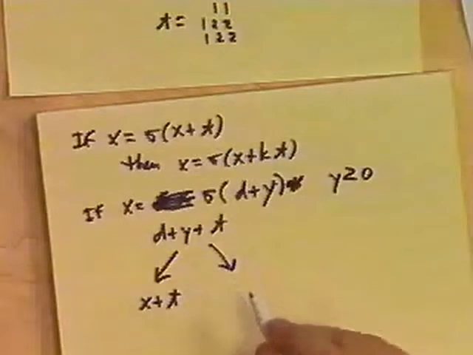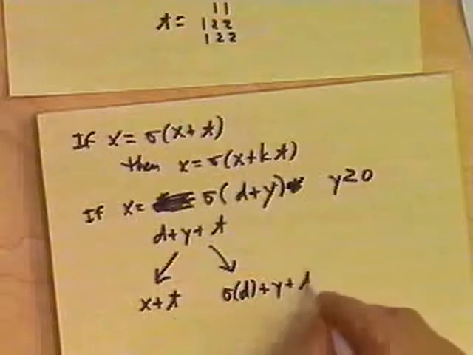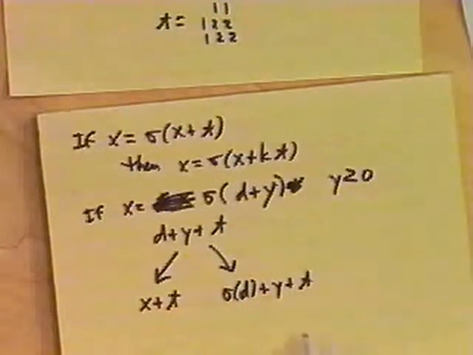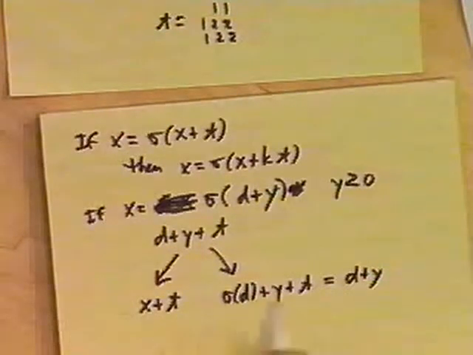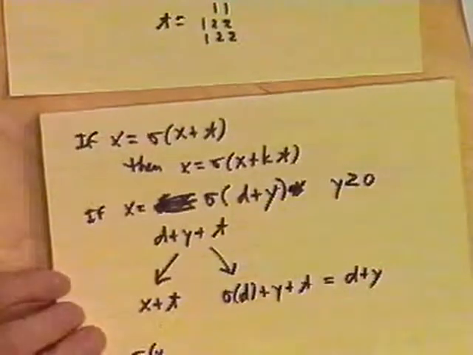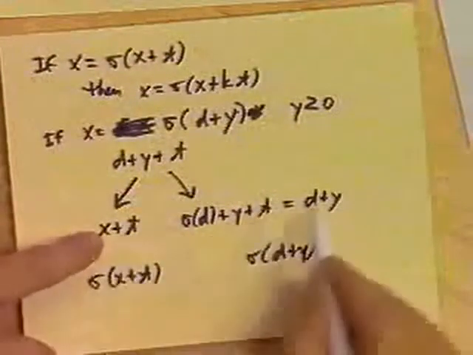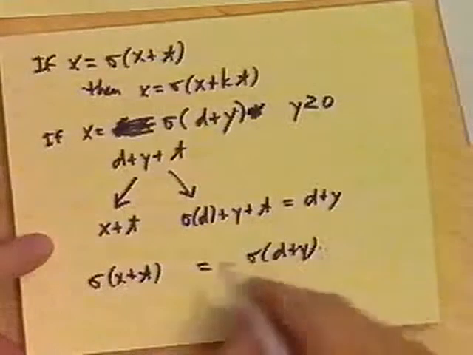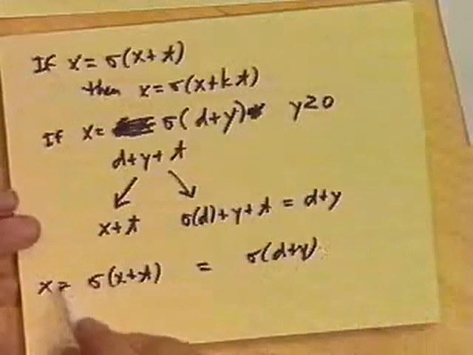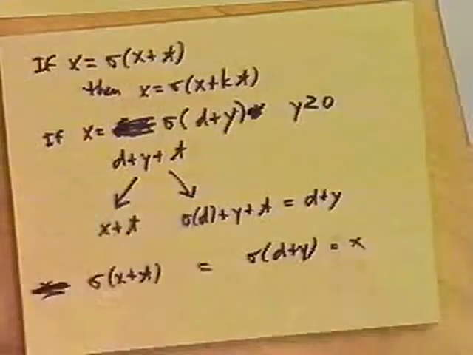But it also topples to sigma of D plus Y plus T, because I know D topples to sigma of D. But this is equal to D plus Y. So, therefore, sigma of X plus T has to equal sigma of D plus Y. Keep toppling these until they get to a stable state. So these are equal, and this is X. So sigma of X plus T is equal to X. So I've now proved both ways.